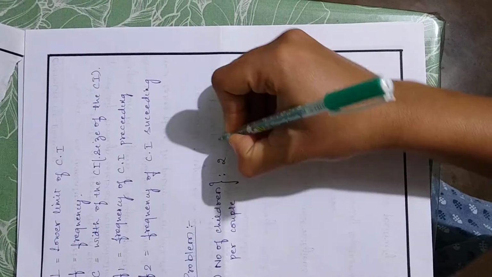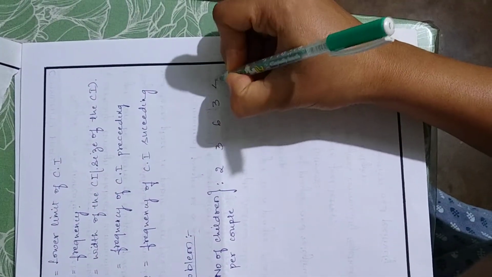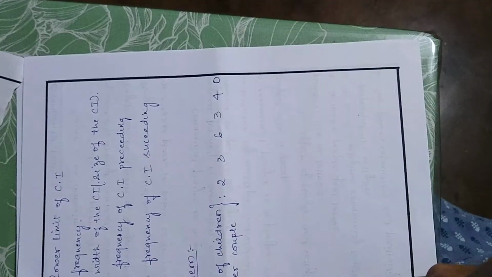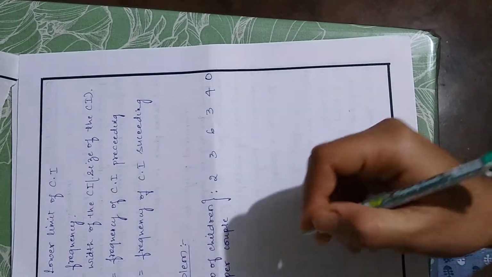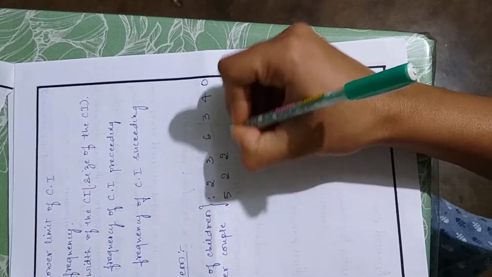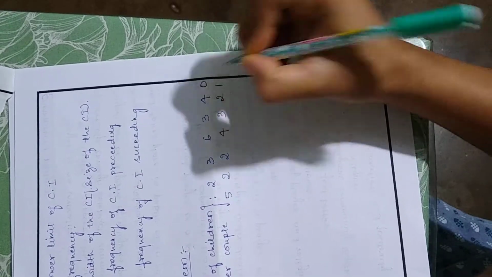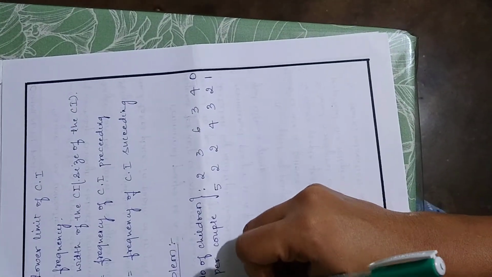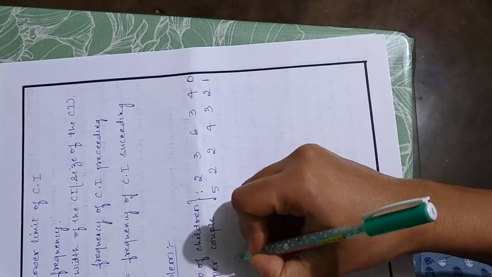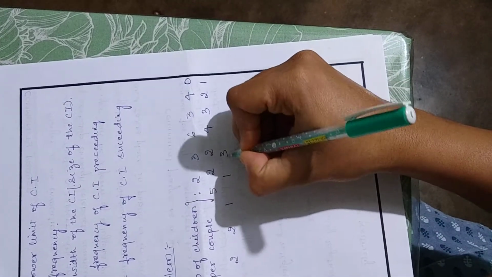Okay. So it is 2, 3, 6, 3, 4, 0, 5, 2, 2, 4, 3, 2, 1, 0, 4, 2, 2, 1, 1, 3.